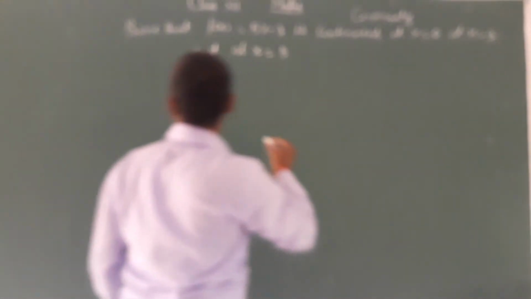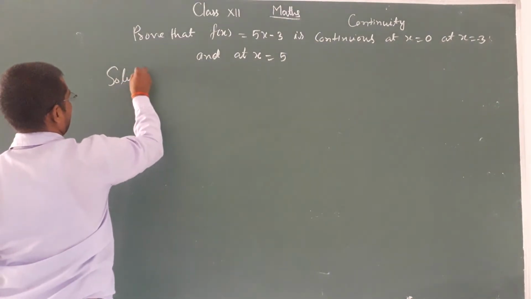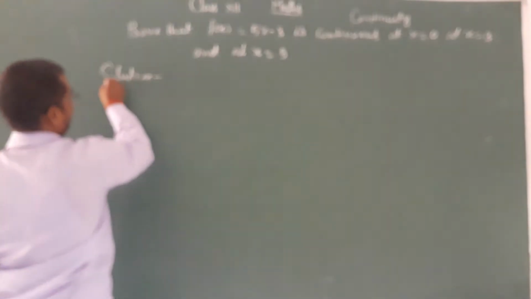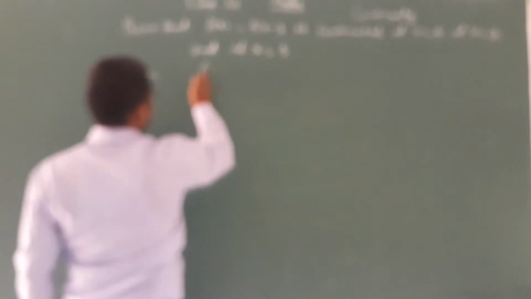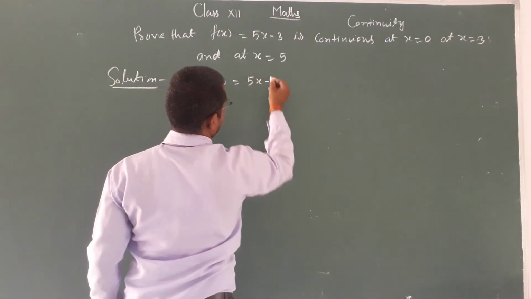Now let us start the solution. Given function f(x) is equal to 5x minus 3.